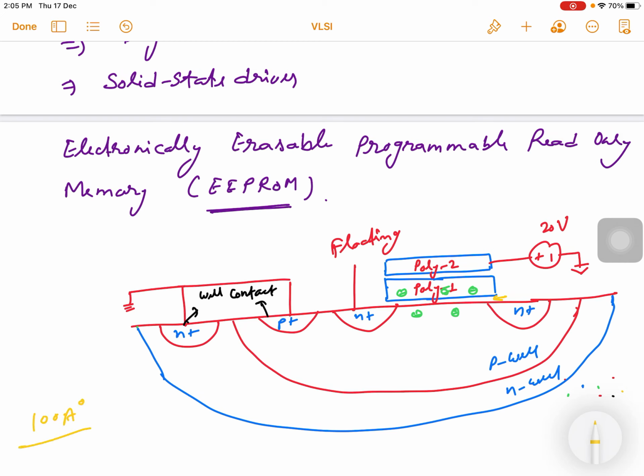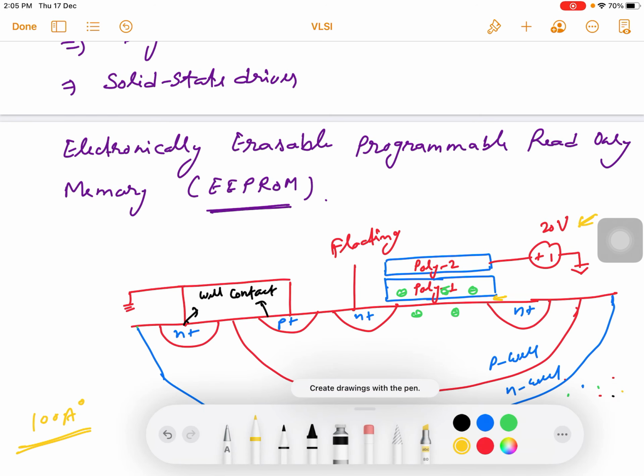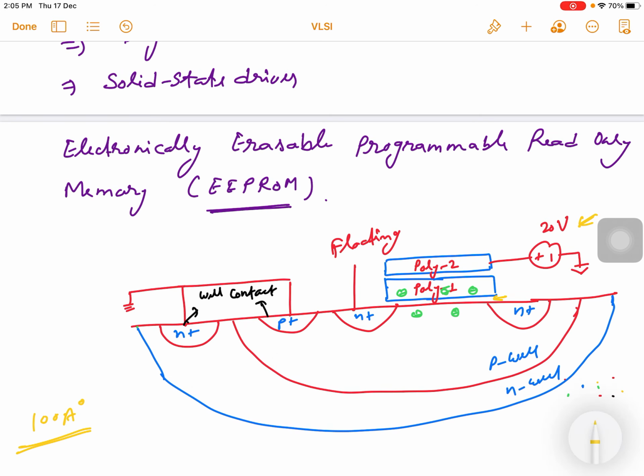So, you can see the oxide thickness is very low. When you apply this high voltage over here, these electrons penetrate into this polysilicon.